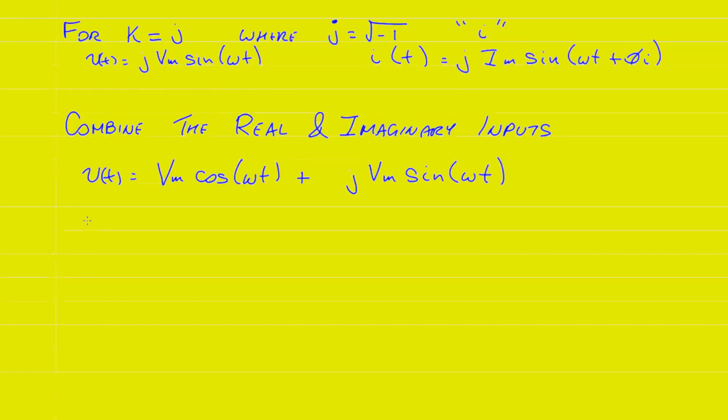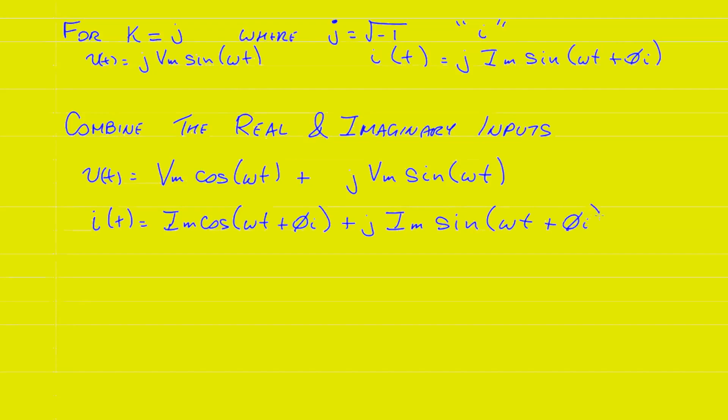And we know from the above, and from the concept of superposition, that the output will simply be the sum due to the two inputs acting alone. I of t will be equal to Im cos omega t plus the phase shift that it will experience, plus j times Im sine omega t plus, again, the same phase shift.